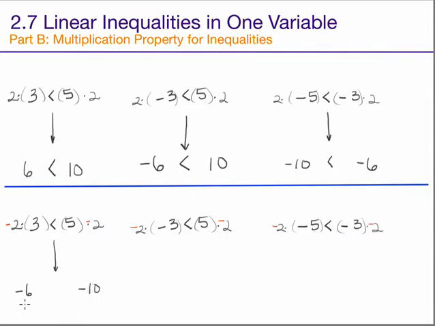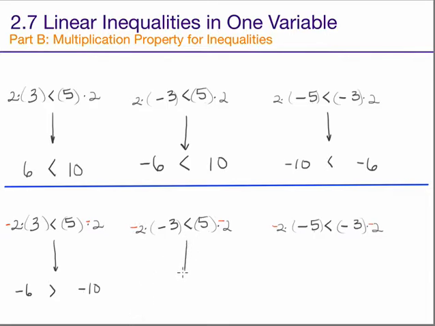Which is smaller, -6 or -10? Actually, it's -10, because -10 is farther to the left on the number line. So -10 is smaller than -6, or -6 is greater than -10.